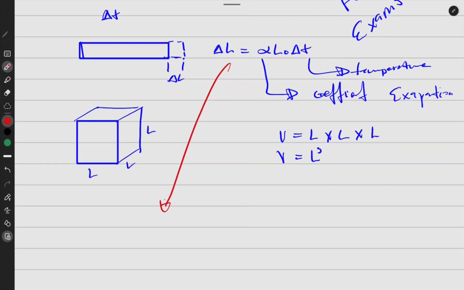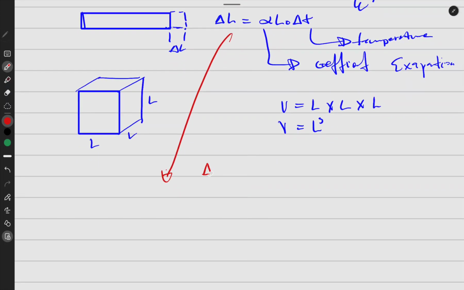Let's take back our formula. The change in length is the final length minus the initial length, sometimes called L naught, equals L naught alpha change in temperature. Taking L naught to the other side, it becomes positive: L final equals L naught plus L naught alpha change in temperature.